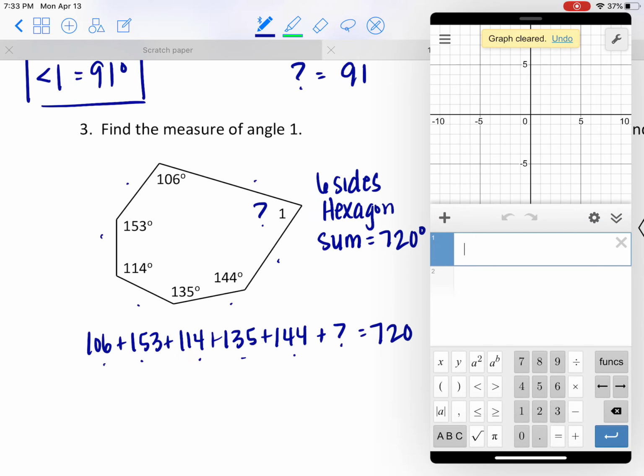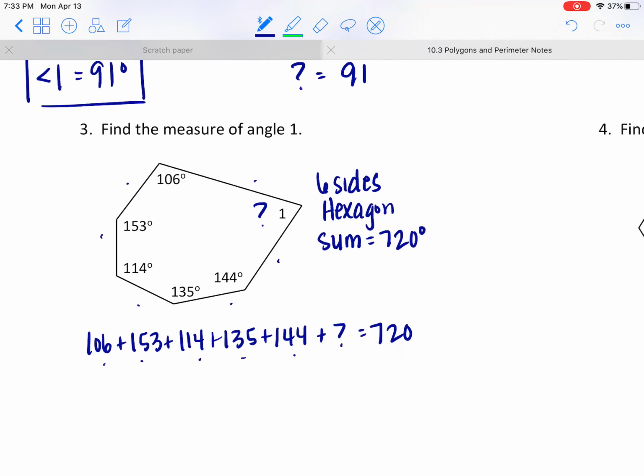So let's add up what we have. 106 plus 153 plus 114 and 135 and 144, 652.